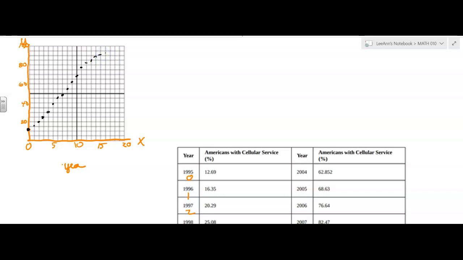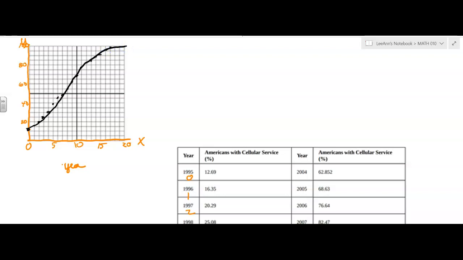Just kind of drawing little lines there. And then 95. Kind of had a jump there. And then 98. So it's going up pretty quickly, and then it's kind of starting to level off there.